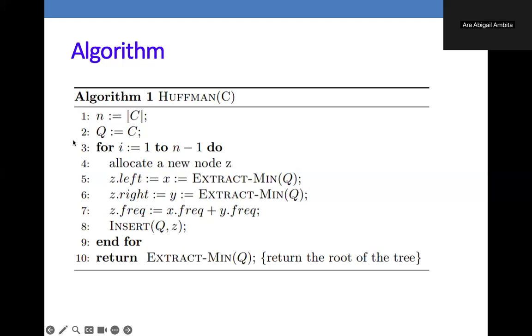Okay? So we allocate a new node Z. A node has a left and a right. The left of node Z would be the first minimum that we take. We remove it from our queue, and then attach it to Z. Then the right of Z would be the second minimum. The frequency of this new node Z would be the sum of the frequency of the first node with the lowest frequency and the frequency of the second character with the lowest frequency.